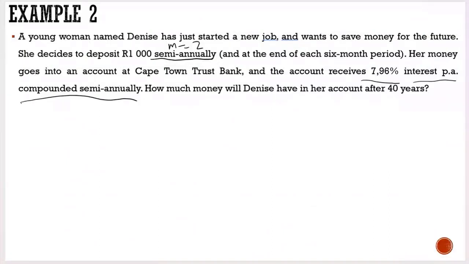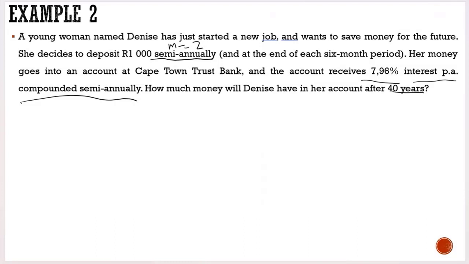If one of them is not compounding on the same periods, you would have to convert. I'll show you how you do the conversion. How much will Denise have in her account after 40 years?